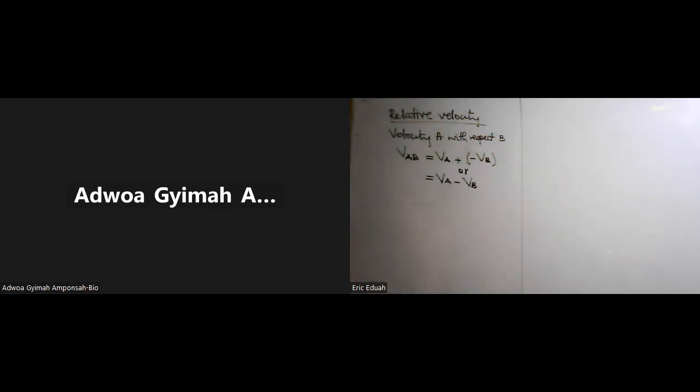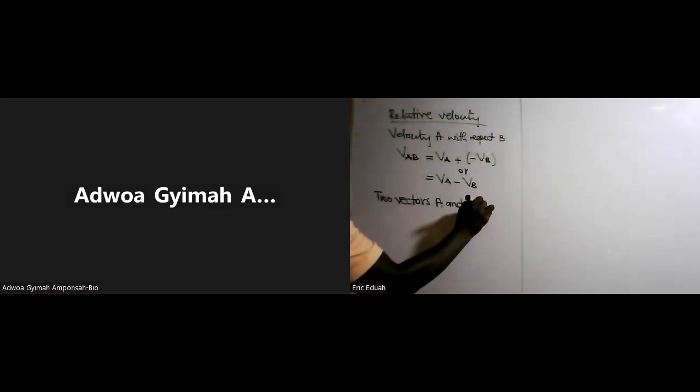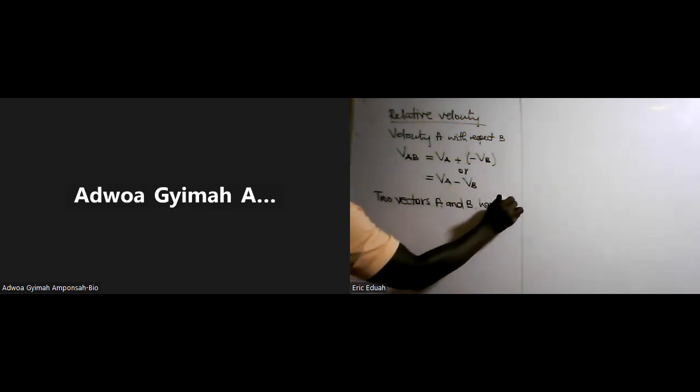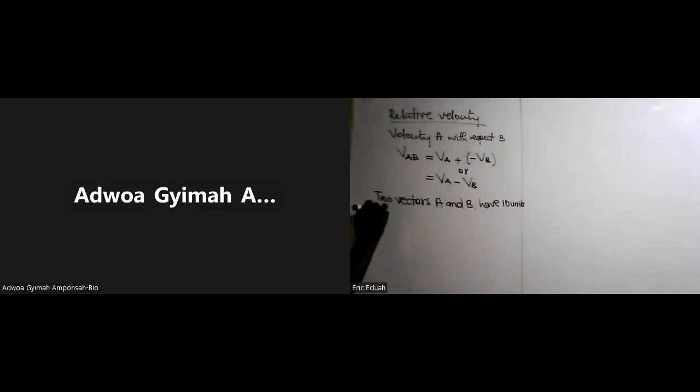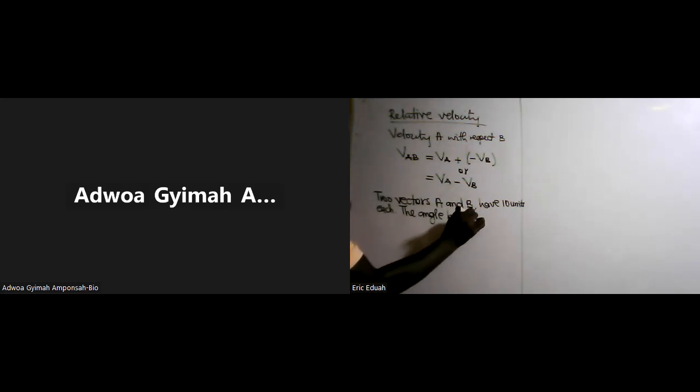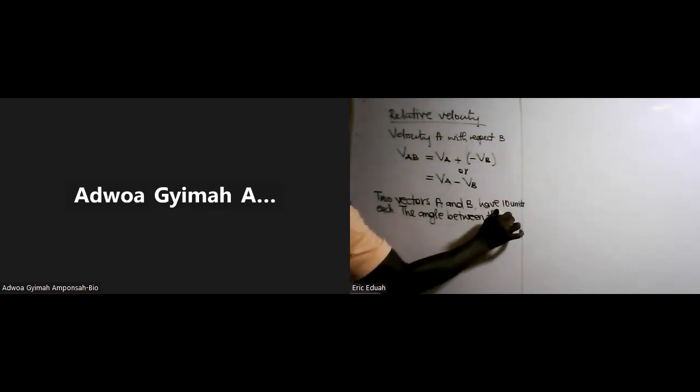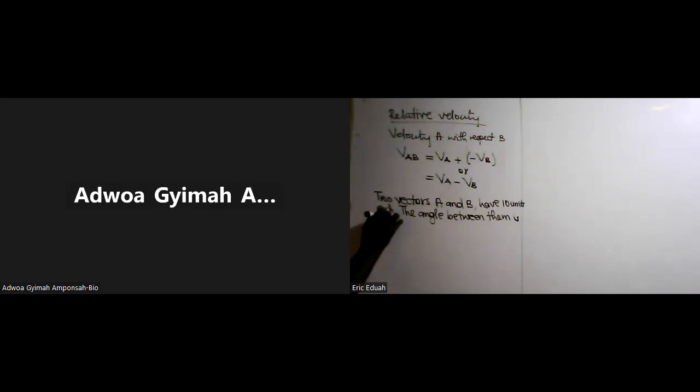Now, I'm going to give you a question. Two vectors A and B have 10 units each. The angle between them is 60 degrees.